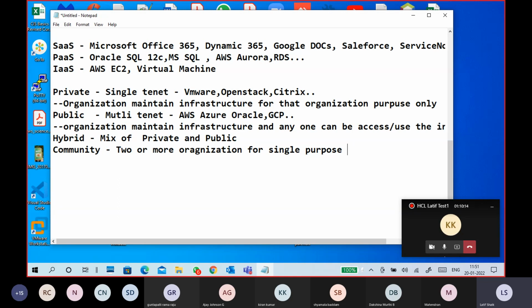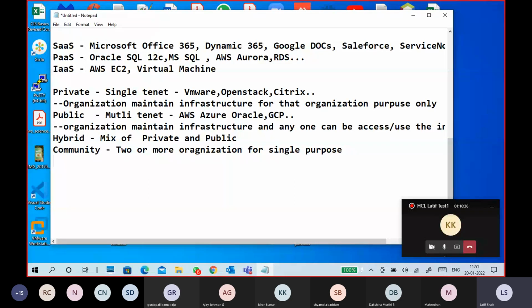Or a single cloud they are maintaining, or they club the clouds or anything, so a single purpose. Two or more organizations come together for a single purpose. Anything you can tell?